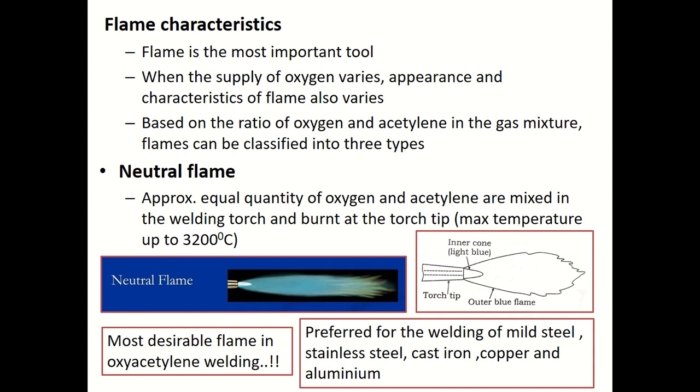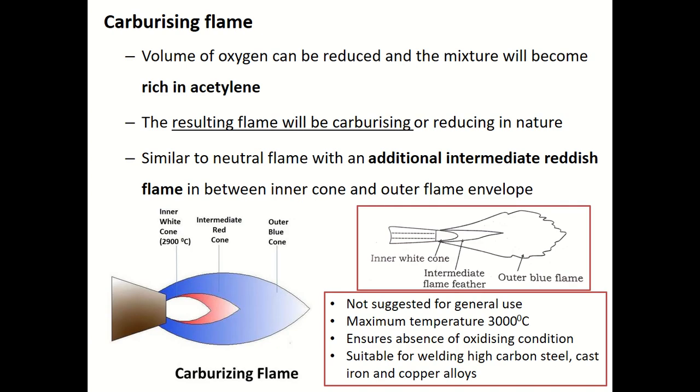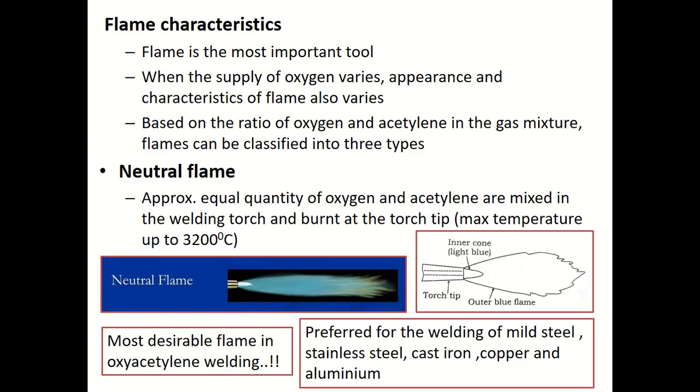When the supply of oxygen varies, the appearance and characteristics of the flame also vary, depending upon the quantity of oxygen along with acetylene. Based on the ratio of oxygen and acetylene in the gas mixture, let's see three different types of flames: a neutral flame, an oxidizing flame, and a carburizing flame. Let's see them one by one.